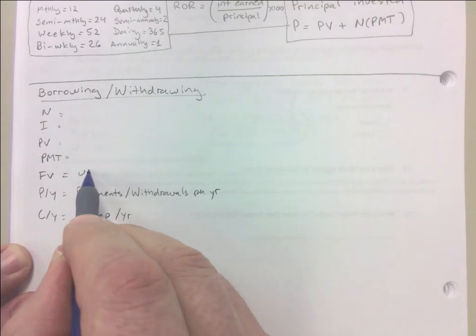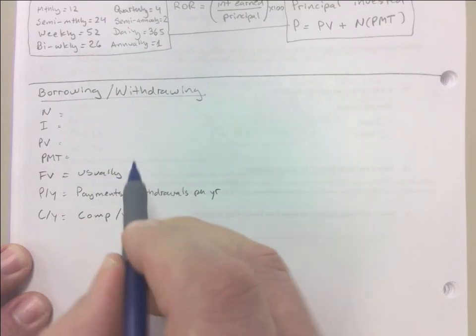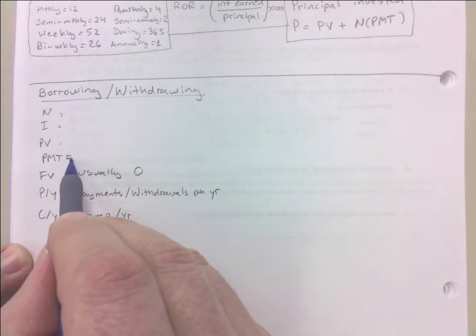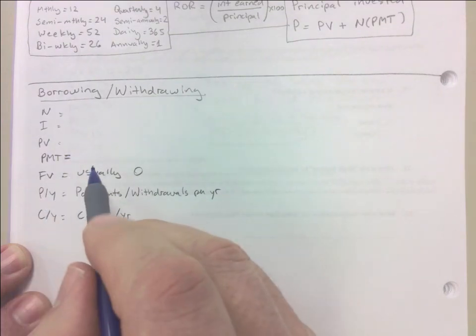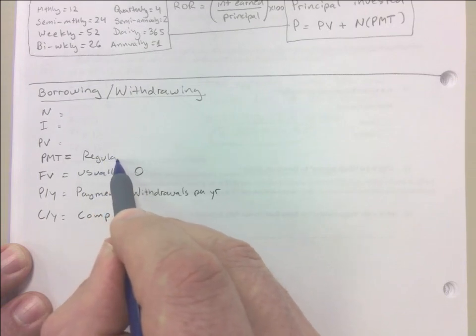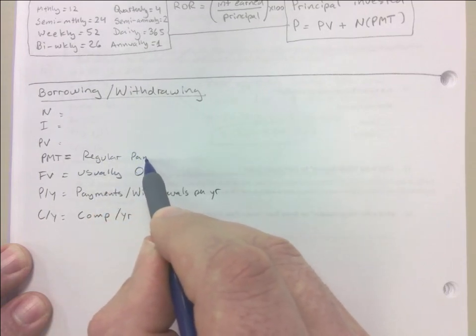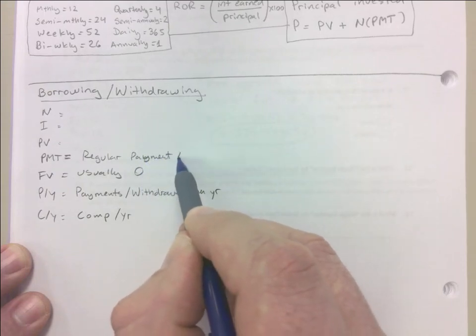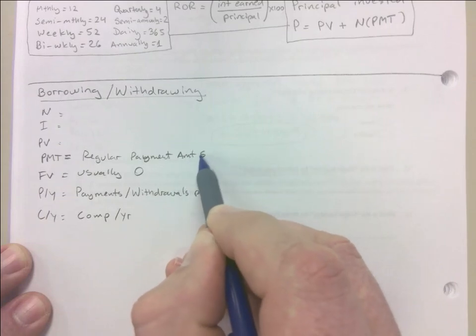Future value usually 0. Regular payments. Amount. Okay, so that's a dollar amount.